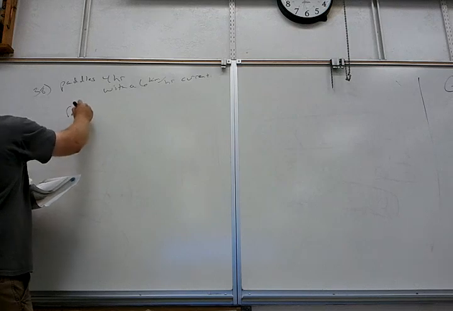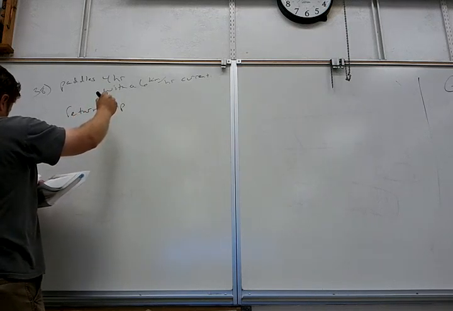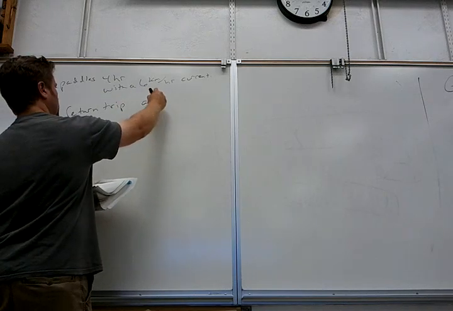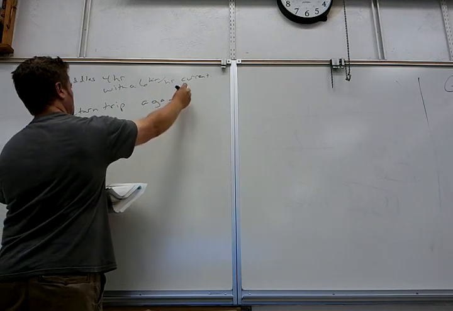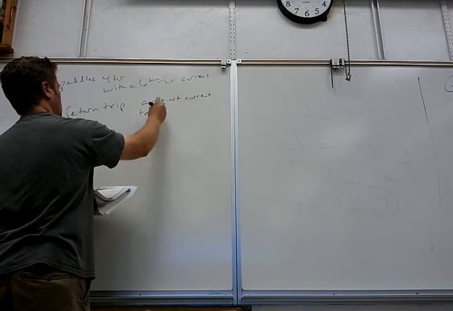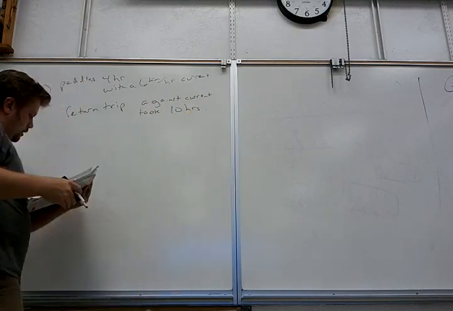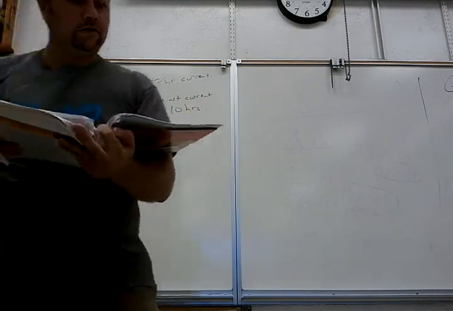The return trip against the same current took 10 hours. Find the speed of Alvin's canoe in still water.